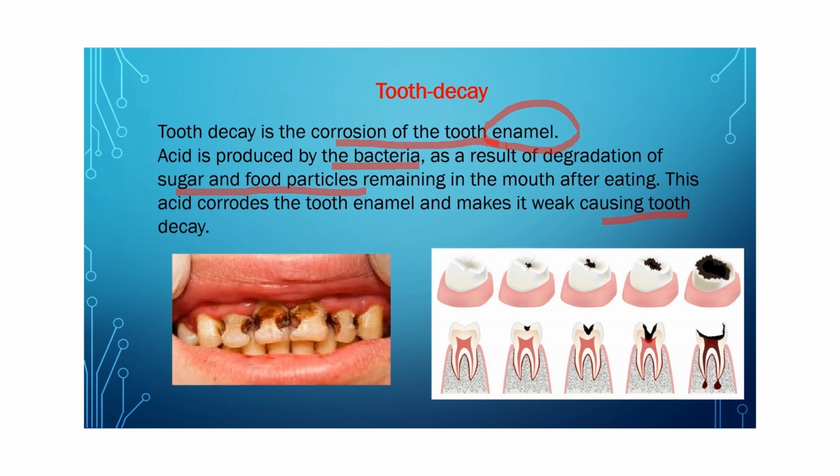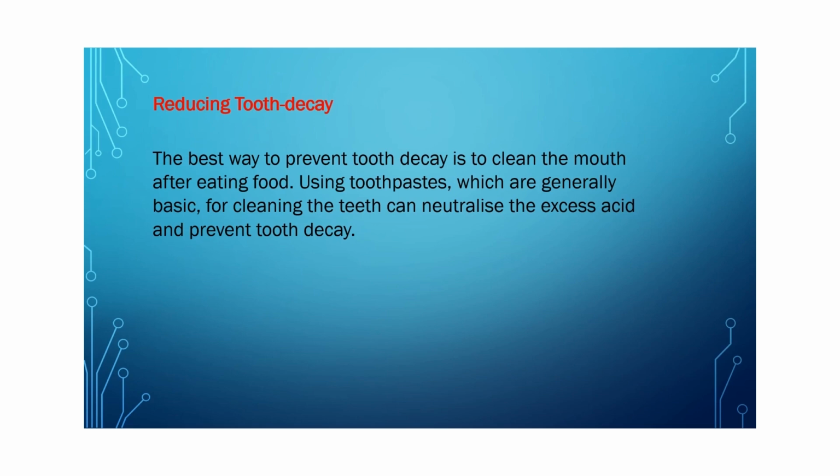And even if you do that, the best way to prevent tooth decay is to clean your mouth after eating food. This means after every meal, you should brush your teeth using a toothpaste. Why?